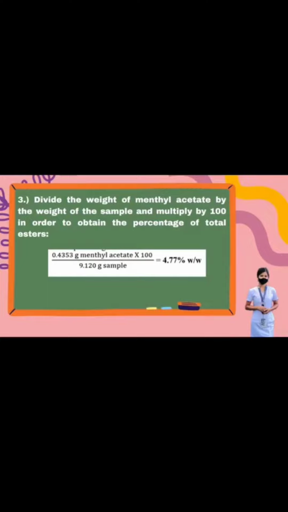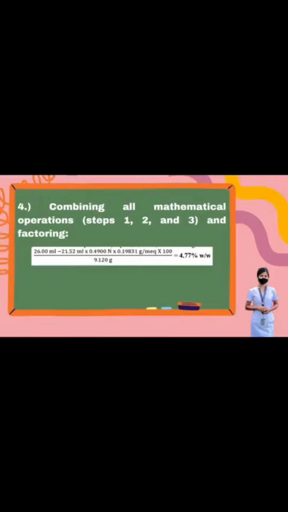The third step, divide the weight of methyl acetate by the weight of the sample and multiply by 100 in order to obtain the percentage of total esters. So 0.4353 grams methyl acetate times 100 divided by 9.120 grams, the answer is 4.77%. Next step is combining all mathematical operations from steps 1, 2, and 3 and factoring.